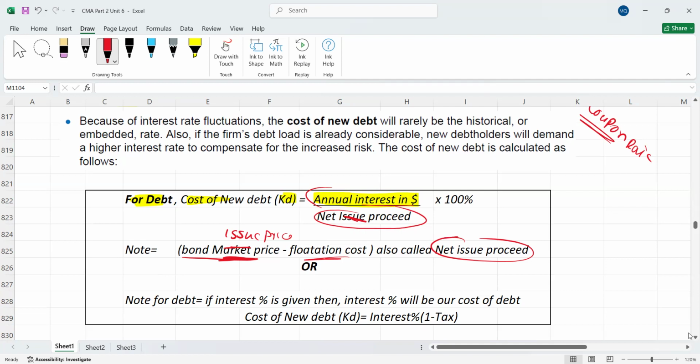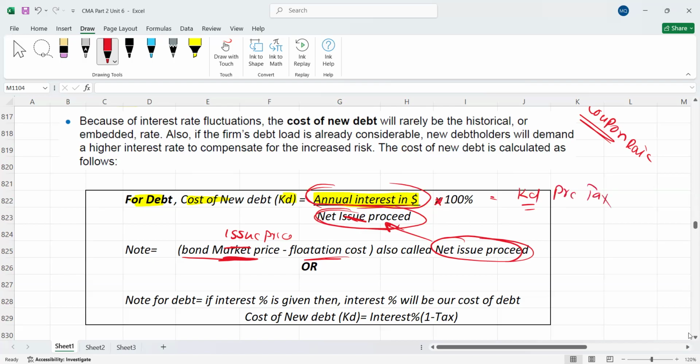This will give you net issue proceeds, and you will use it here. Then you multiply by 100. This will give you the cost of debt. Please remember, we have taken annual interest divided by net issue proceeds times 100. So you got the cost of debt. This cost of debt is the pre-tax so far.